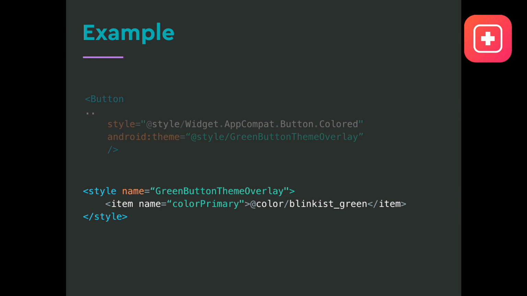I don't really care about any other attributes, and I don't need to inherit from the activity theme or the app theme in this case, because it is being applied on top of that. So essentially, theme overlays are just an optimization. We don't need to provide full-blown app themes every time we're theming views and view hierarchies.